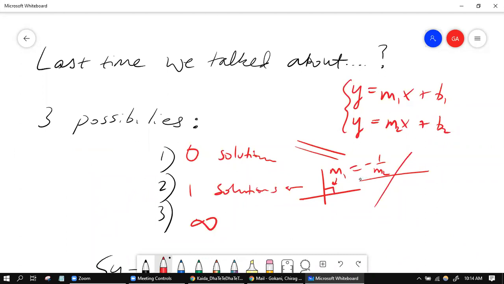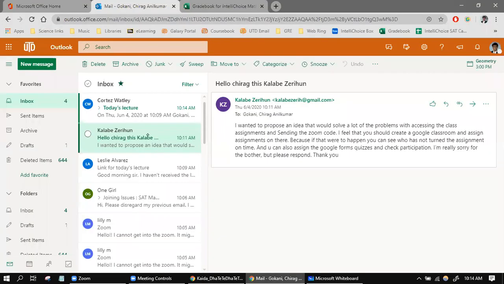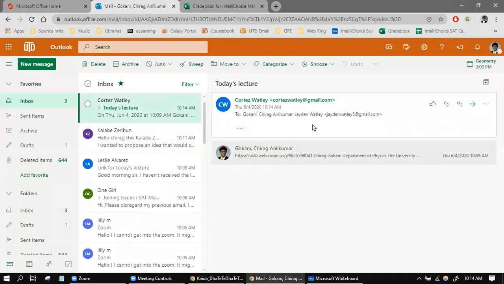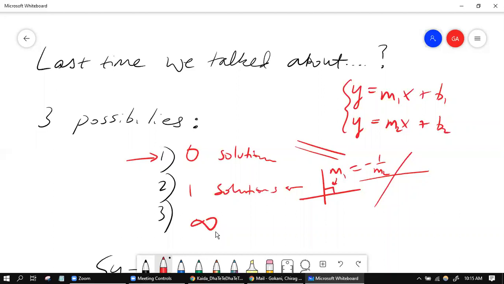And how about the infinite case? They're the same line and have the same slope. Yes, exactly. These two lines have the same slope, and they have 0 solutions. But what is true about two lines that have an infinite number of solutions?